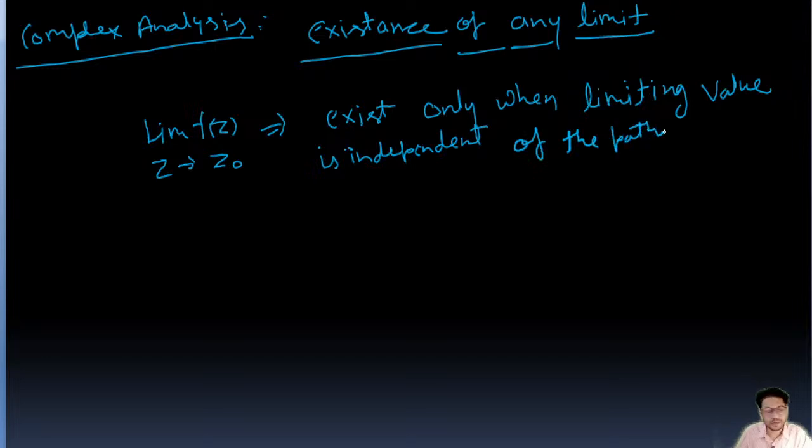Very important point, guys, you need to understand: for any limit to exist, the limiting value must be independent of the path along which z tends to z naught.